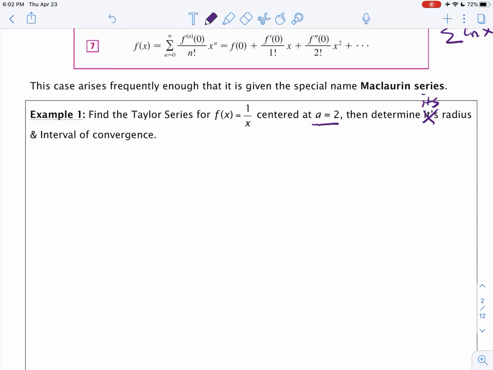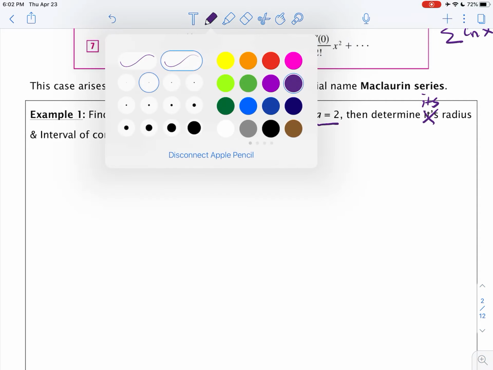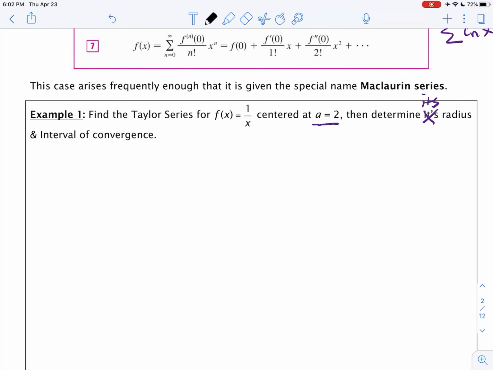So, in general, if it's at a equal to 2, that tells me build Taylor coefficients, and I tend to build a table because then I think it's easy to keep things in order and organized. So I usually use n as my first column, and then I'll use my nth derivative. I'll calculate that one.